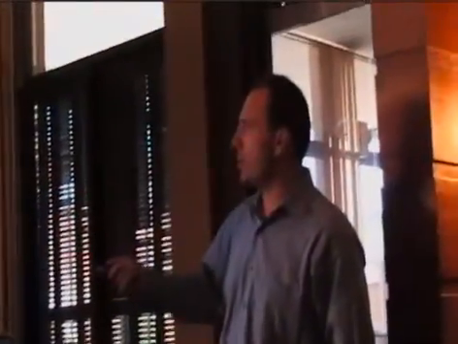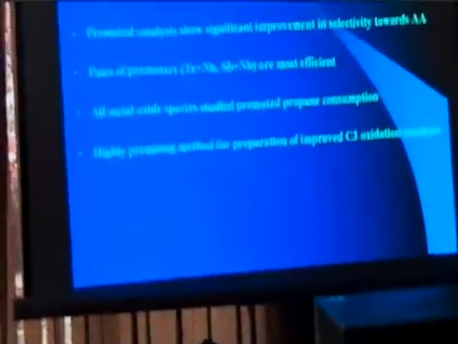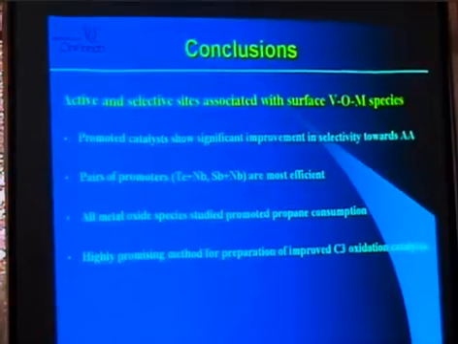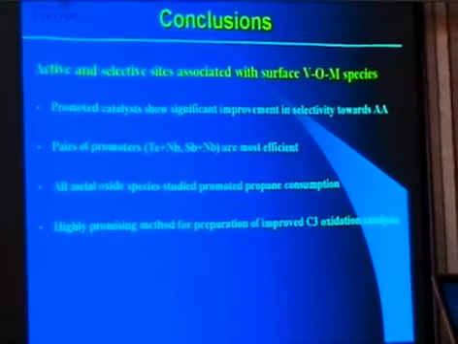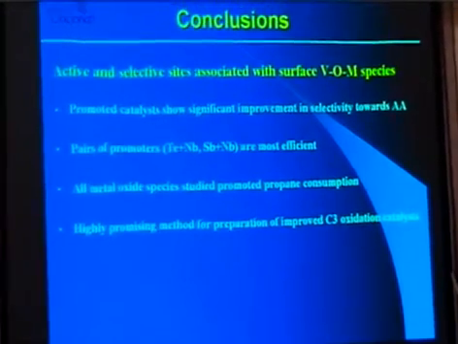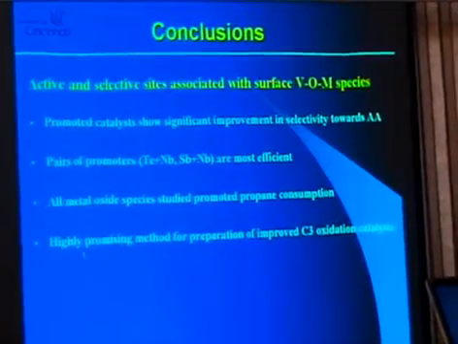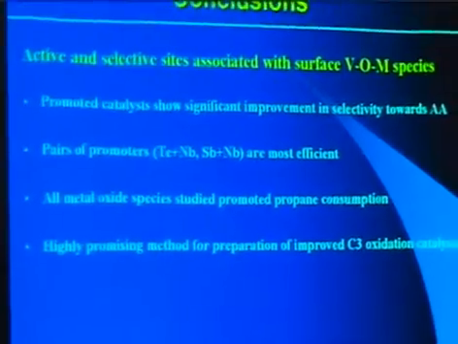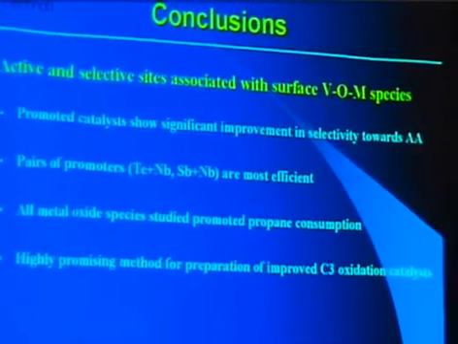So that again indicates that really the active sites are associated with just the creation of specific metal oxide bonds in the topmost surface, and therefore perhaps promotion of the system with surface metal oxides represents a promising approach to modify the activity and selectivity of the systems for selective oxidation reactions.